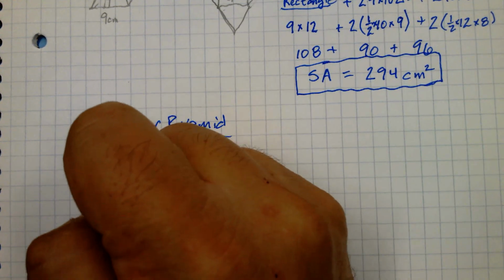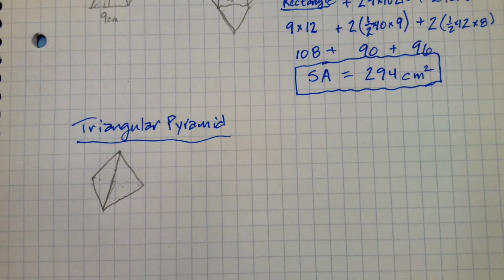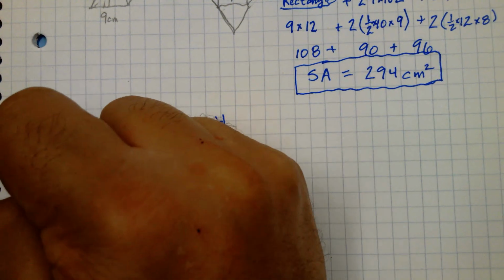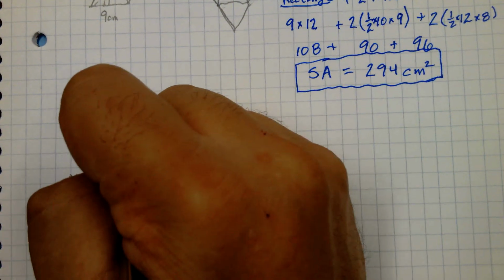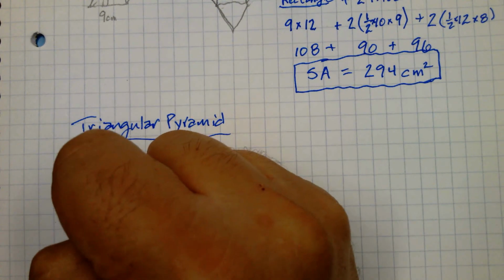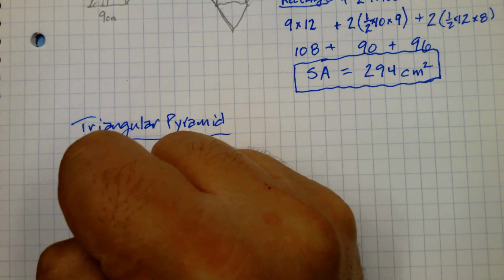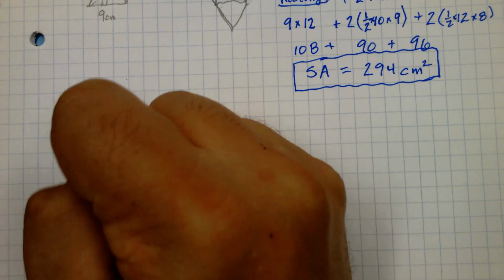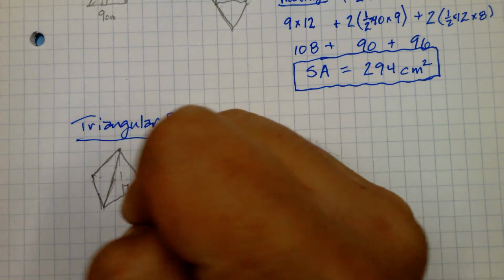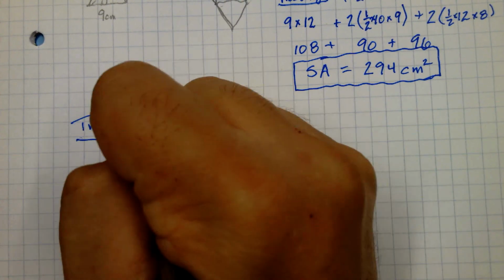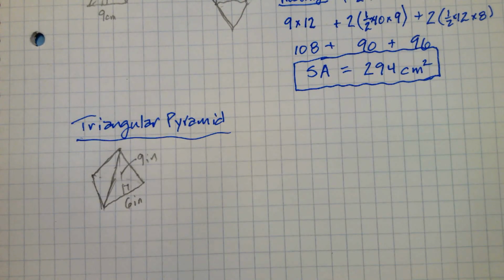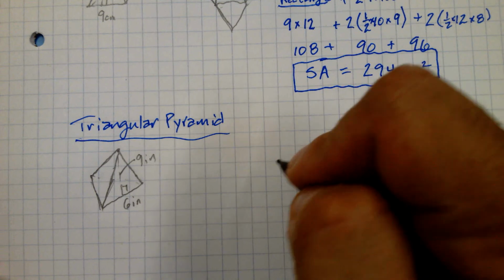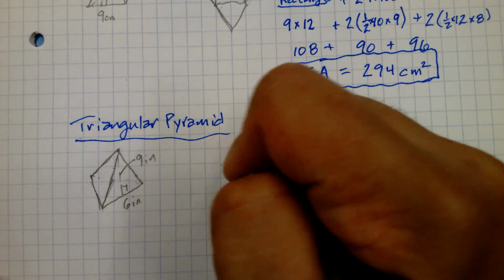But that's, and let's assume, because I believe everything you would see would have all of these congruent. So let's say that this is 6 inches, and this is 9 inches. 6 inches and 9 inches. Okay, and they're all the same. So if we're going to make a net for this, let's make one triangle.